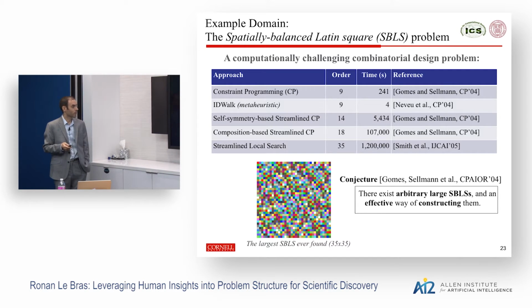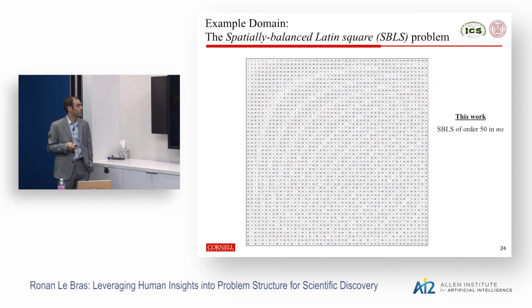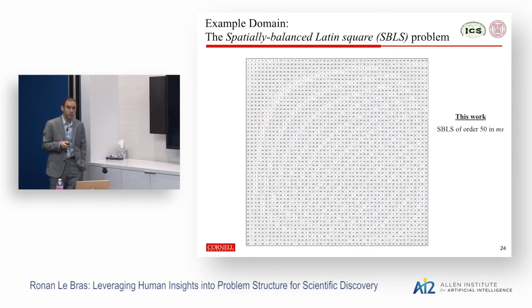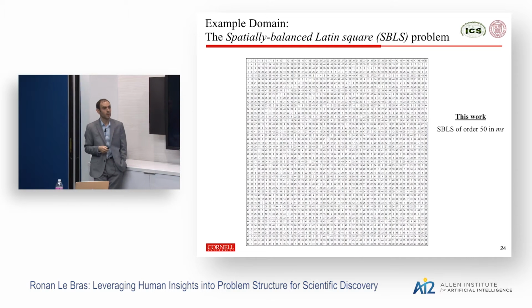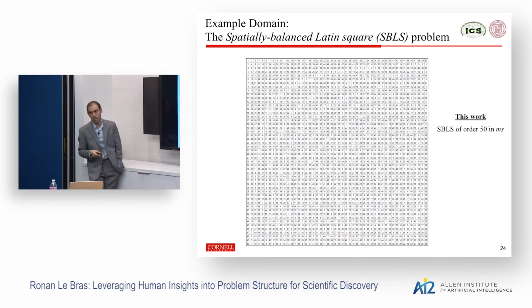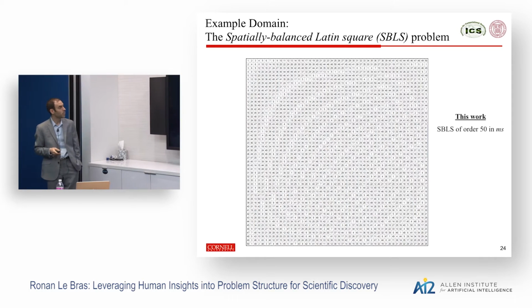And in this work, we provide the first polynomial time algorithm that is able to generate these spatially balanced Latin squares, at least for any order n such that 2n plus 1 is prime. And this is as fast as it gets, as you can fill up this square in n squared time.